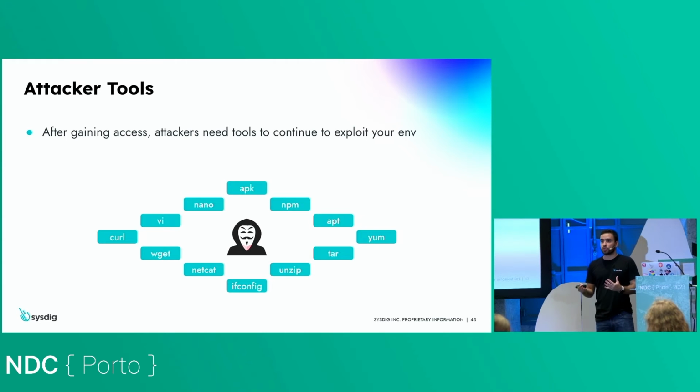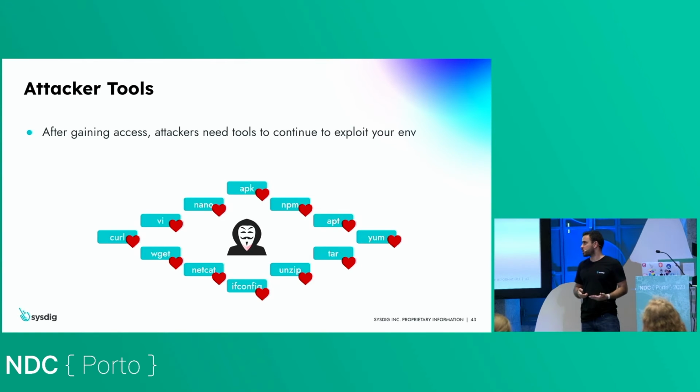Those are tools that are not necessary for the attacker. There are plenty of smart attackers out there that can do without those, but most of the attackers out there probably can't do anything without them. They're just going to find an easier target just around the corner, right? But if you had those packages, the attacker is just going to use all of them and keep poking and exploiting your system.